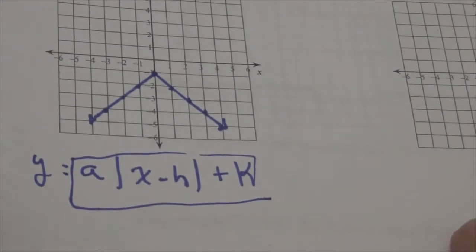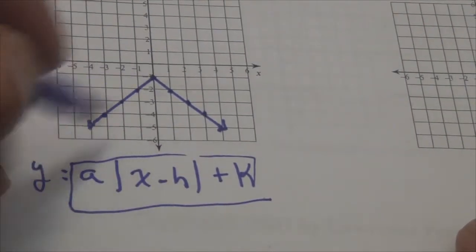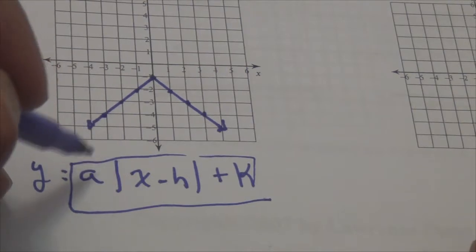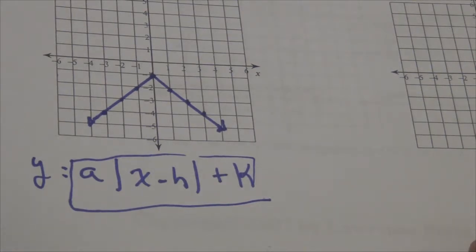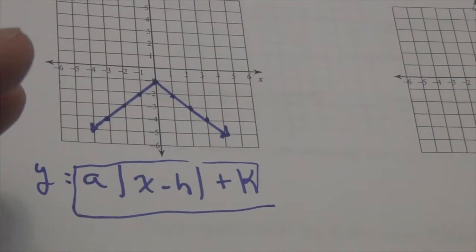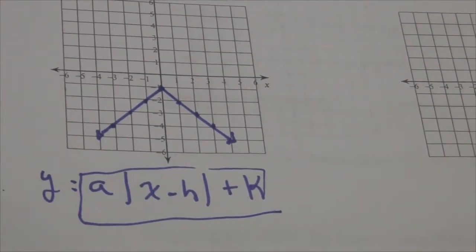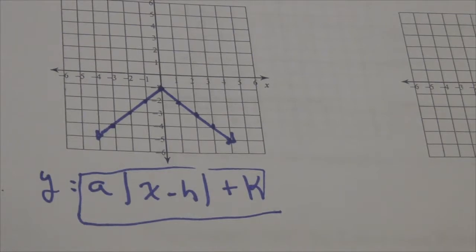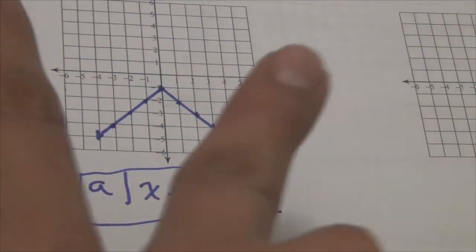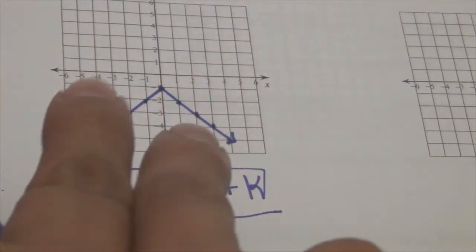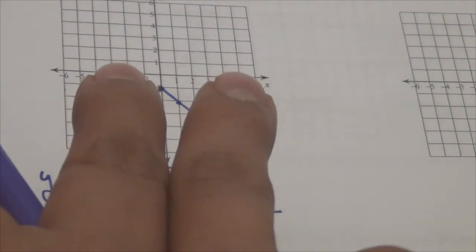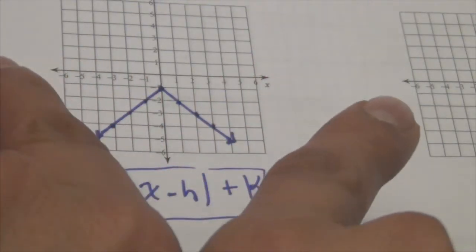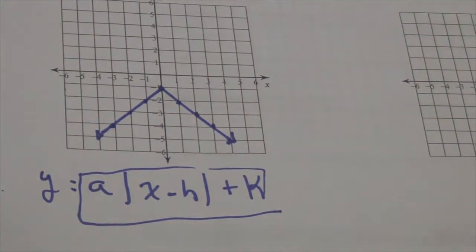So now what happens is that a, just like in the parabolas, if a is a large number, whether positive or negative, like 2, 3, 4, 5, 6, 7, or -2, -3, -4, then the graph is going to be narrower. If the value of a is a fraction closer to 0, whether negative or positive, it's going to become fatter, like that. Okay, and that's basically it.